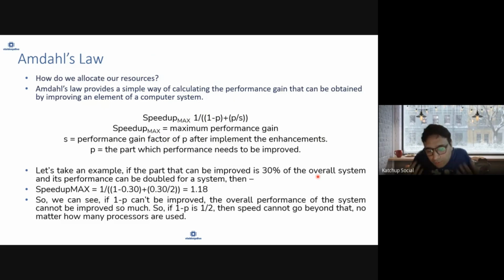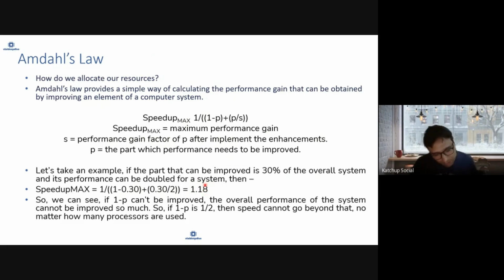And let's say you double the performance of it, which is S. So you're only changing 30% of the system, the rest 70% is not changing, and you are doubling the performance of the 30% part. So the maximum speed gain overall you can have is 1.18. If an earlier system was working at 1, the speed gain will be 1.18 times.